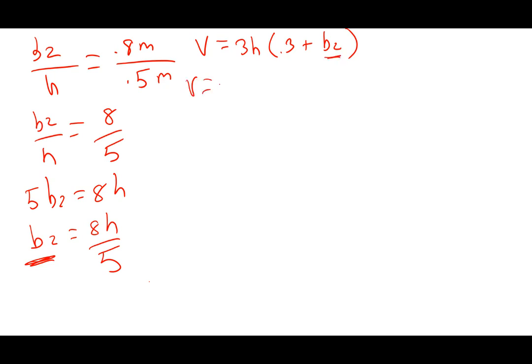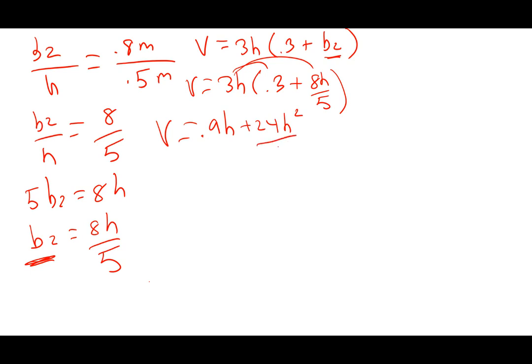So volume is equal to 3h times 0.3 plus 8h over 5. Then from here, I'm going to distribute. So 3h times 0.3, that's 0.9h. 3h times 8h over 5 is going to give me 24h squared over 5.